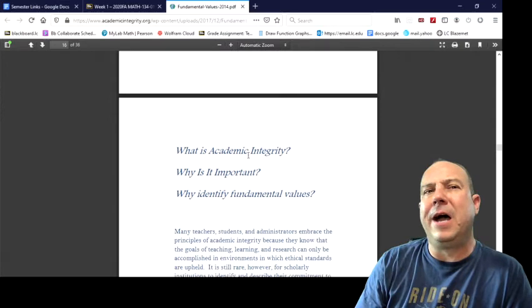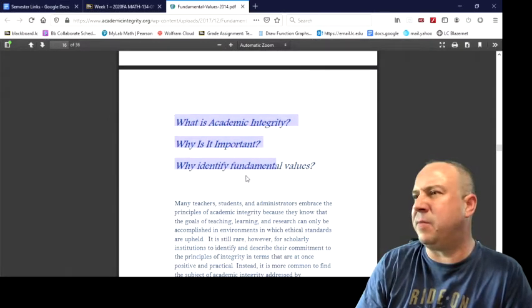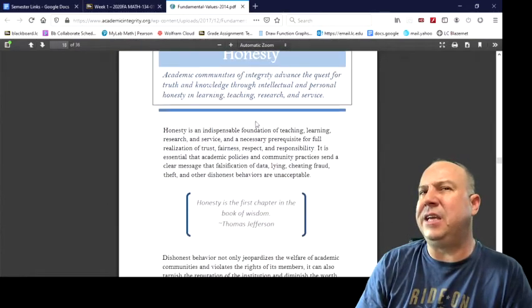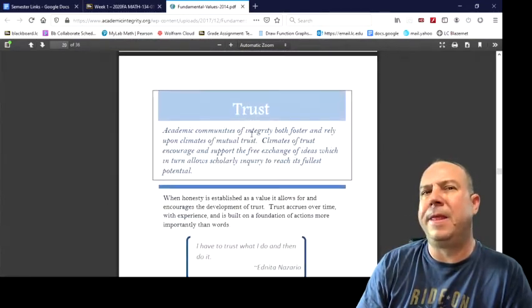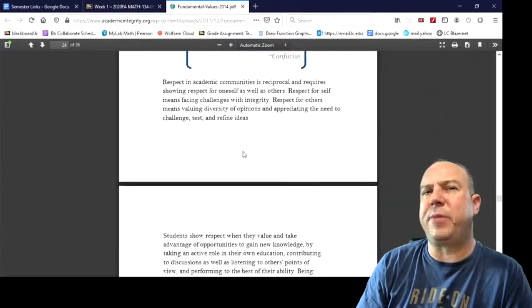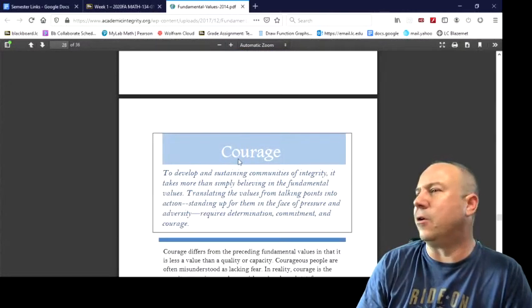Then it gets into what academic integrity is, why it's important, and the fundamental values of that integrity. It follows up with highlighting each of those values: honesty, trust, fairness, respect, responsibility, and then lastly, courage.